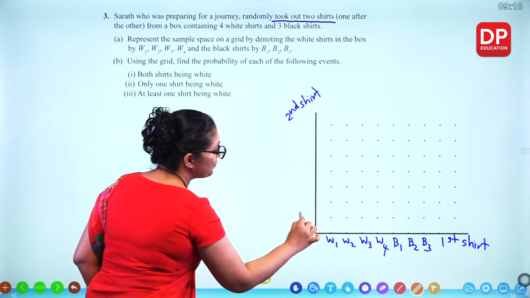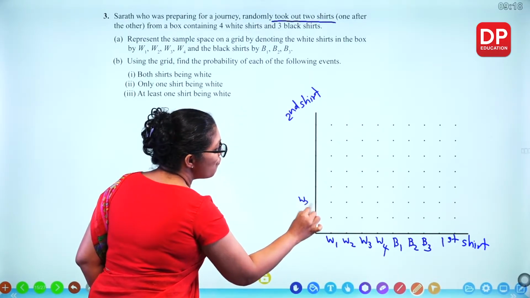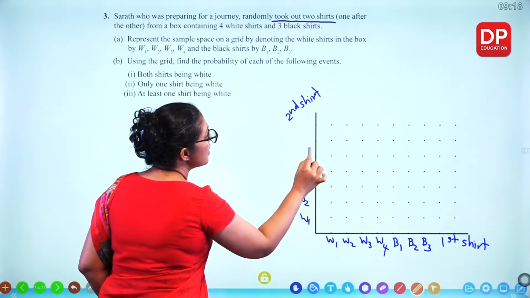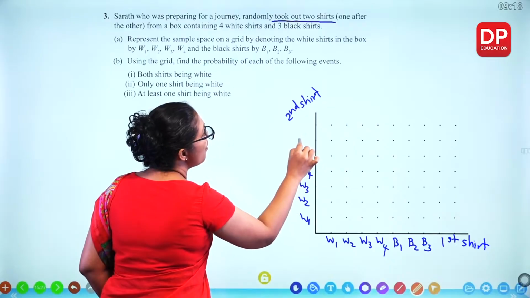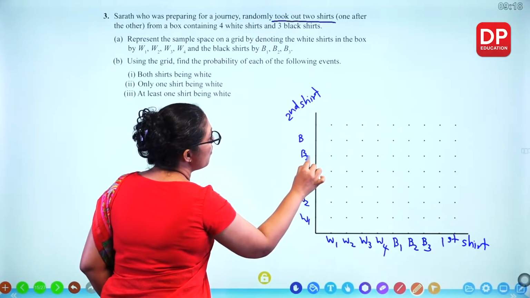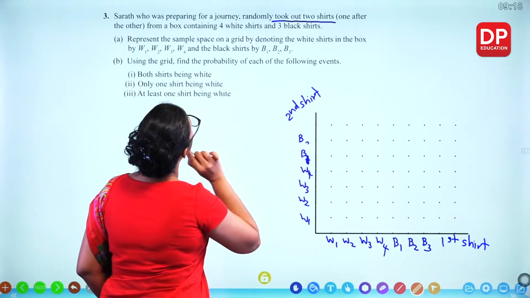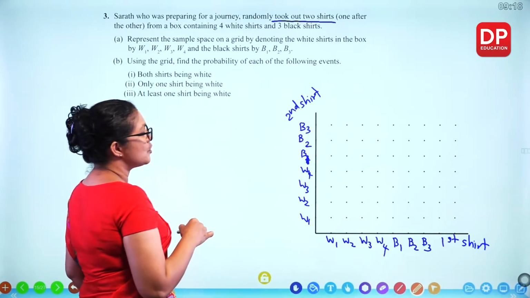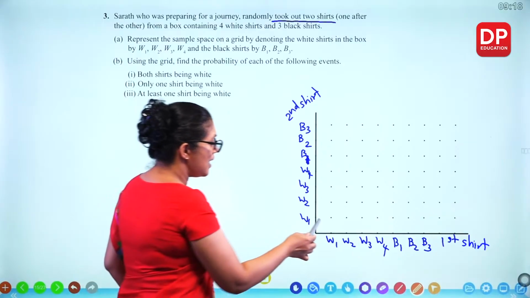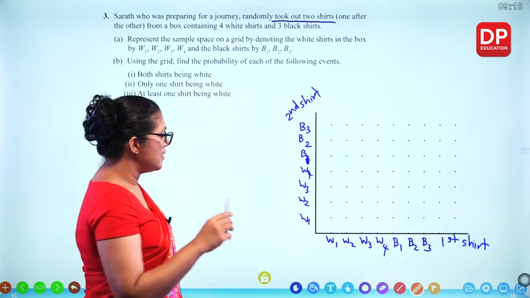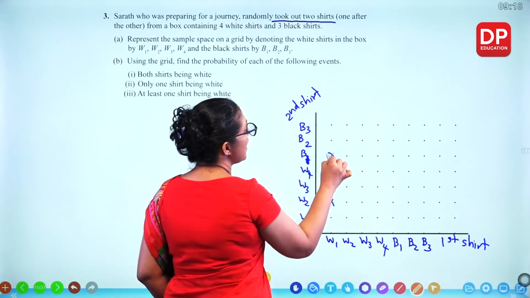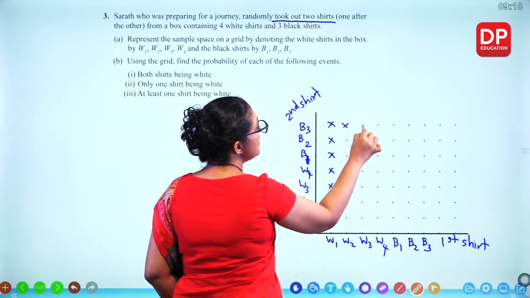This side, 4 white ones and 3 black shirts. 1, 2, 3. So what are the outcomes? If you are getting a white one, you can't take it again. So we can mark these elements.